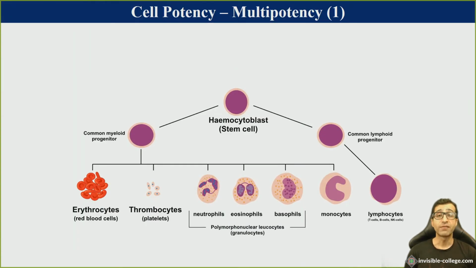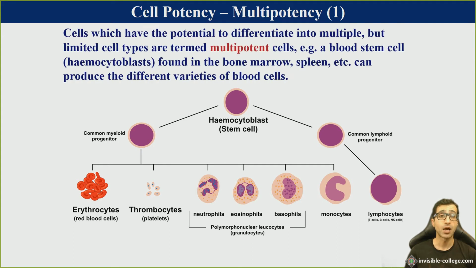So cells which have the potential to differentiate into multiple but limited cell types are referred to as multipotent cells. Examples here would be a blood stem cell or a hematocytoblast, which you can see in this diagram.